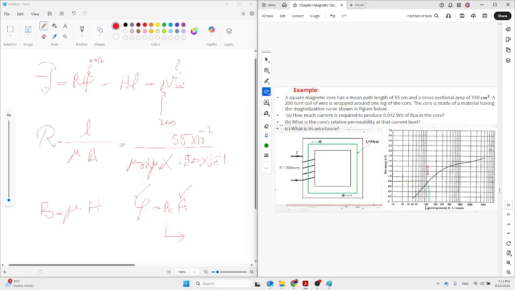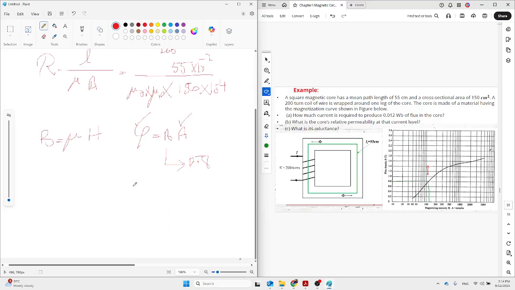It's over 100, less than 150, so we can assume it as the H. If you answer such a question in the exam, don't forget to mention based on graph. Based on the graph, H is 130. If you like, you can make it 135, but I just put 130.